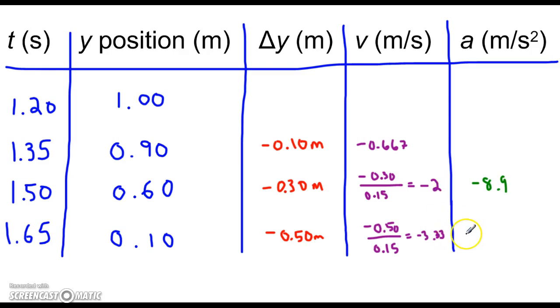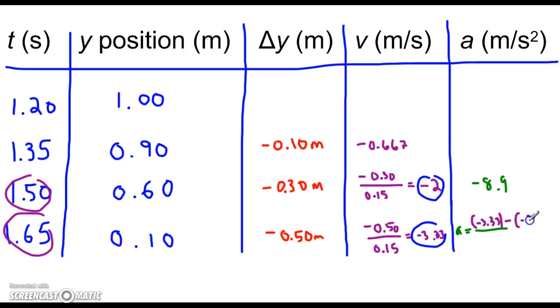And then I do it again. The acceleration is the change in velocity. So our velocity changes from that to that. And as it undergoes that change, the time goes from 1.5 to 1.65. So our acceleration is final velocity, -3.33333, minus the initial velocity, which was -2 in this case.